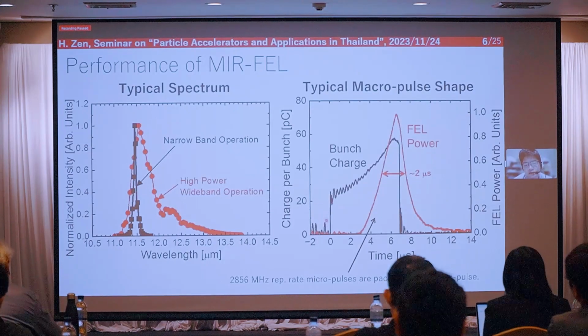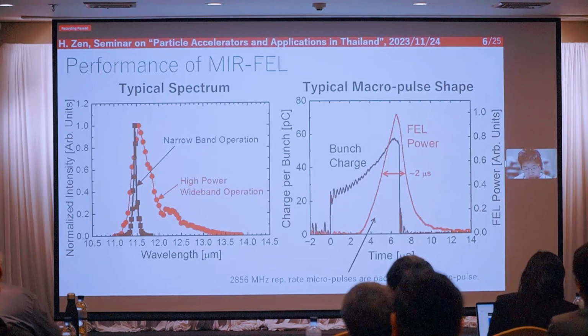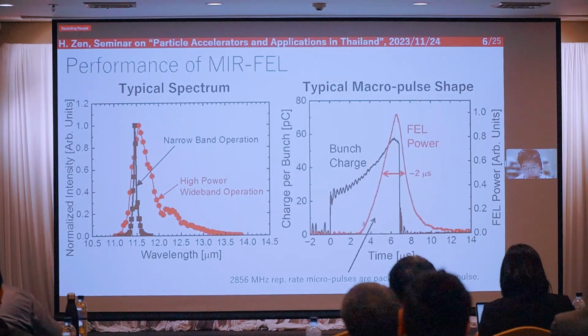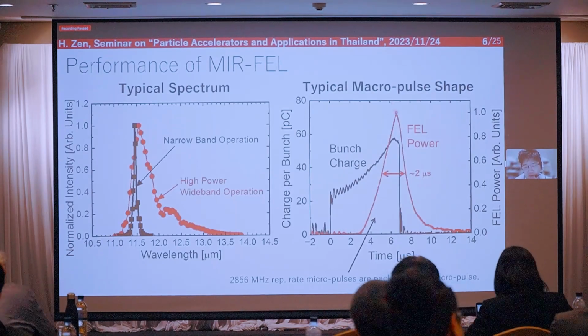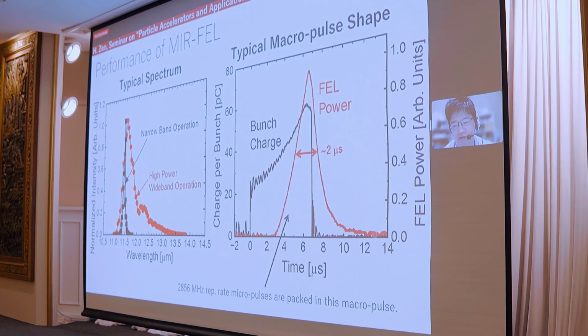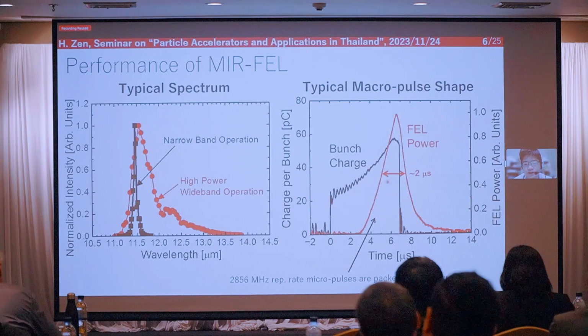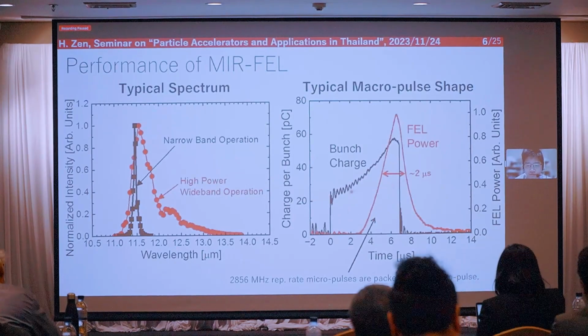And we have this kind of current shape of the electron beam, and the FEL starts to rise and goes up to the maximum, and after stopping the electron beam, it decays to zero. The macropulse duration of the electron beam is around 7 microseconds, and the FEL is 2 microseconds.